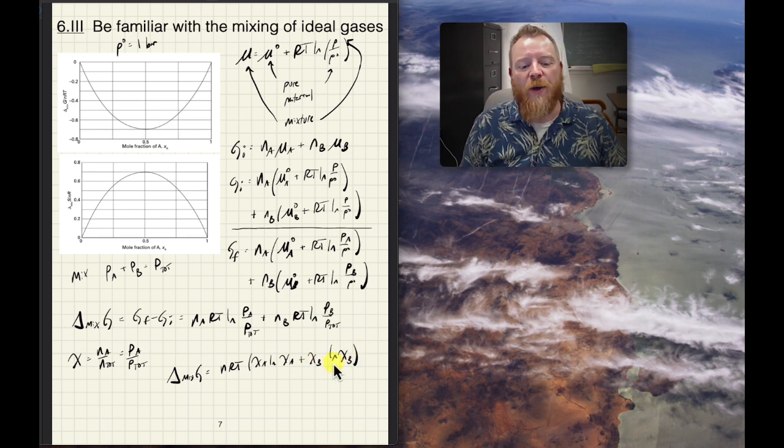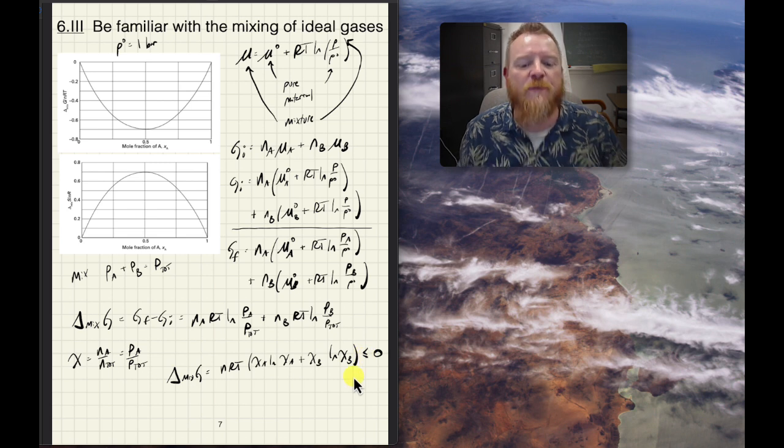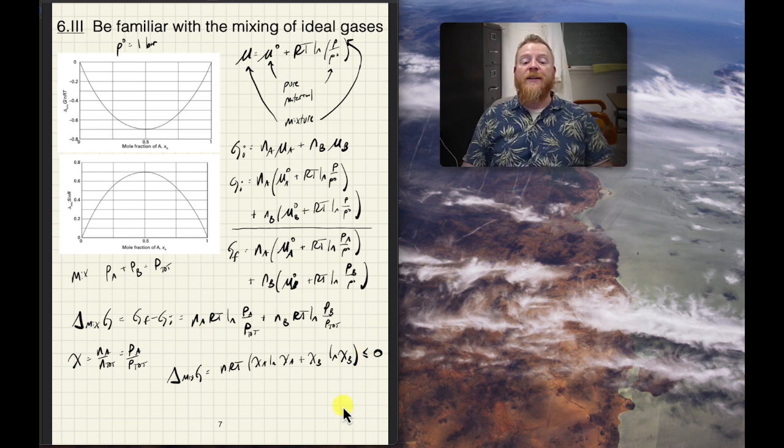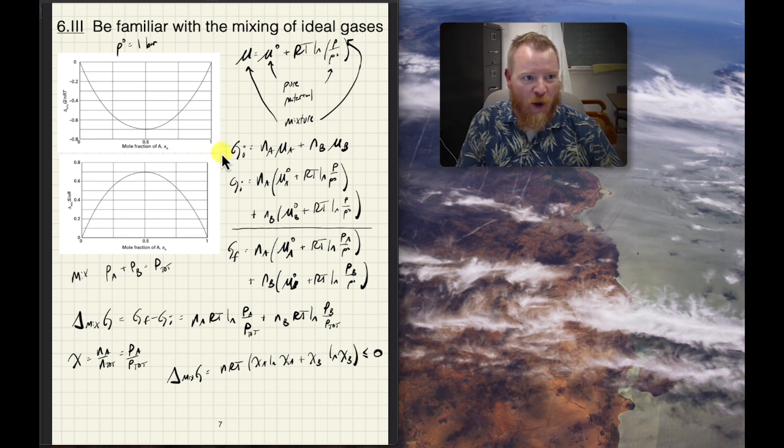And what I want to note here, for any value of chi, this will always be less than or equal to 0, right? So mole fractions are any number between 0 and 1. So if the mole fraction is 1, corresponding to a pure material, the natural log of 1 is 0, right?